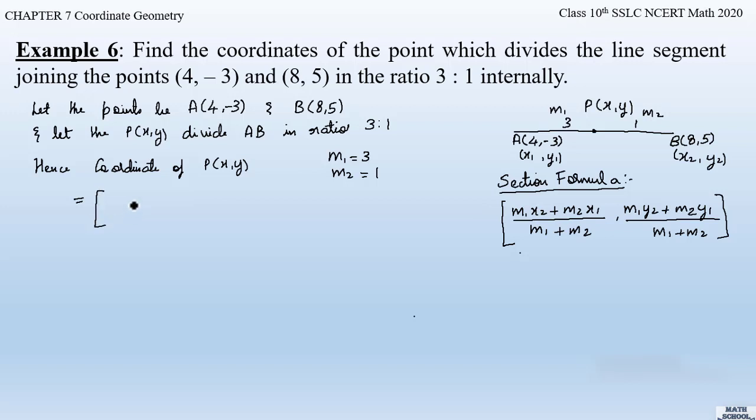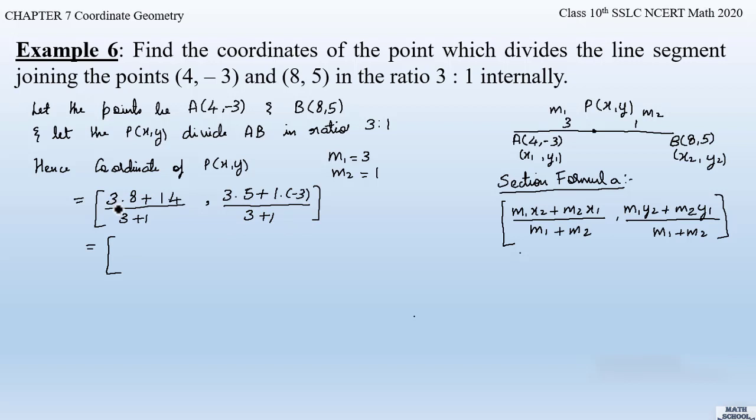So x is 3 into x2, which is 8, plus m2 which is 1 into x1 which is 4, divided by m1 plus m2, that is 3 plus 1. And the y coordinate will be m1 which is 3 into y2 which is 5, plus m2 which is 1 into y1 which is -3, divided by m1 plus m2, that is 3 plus 1.